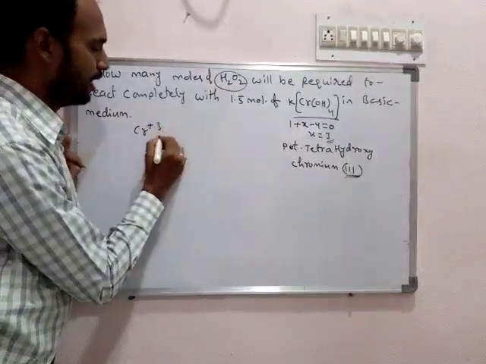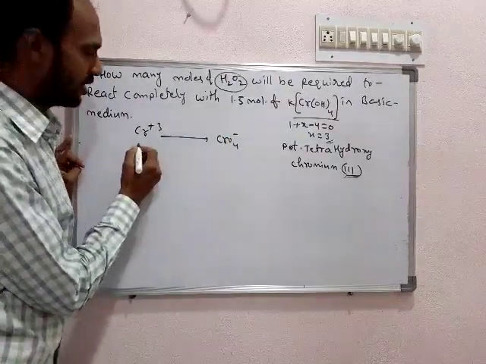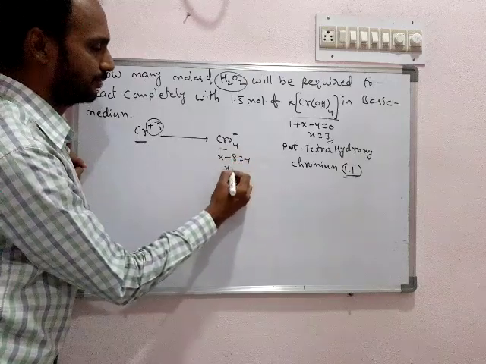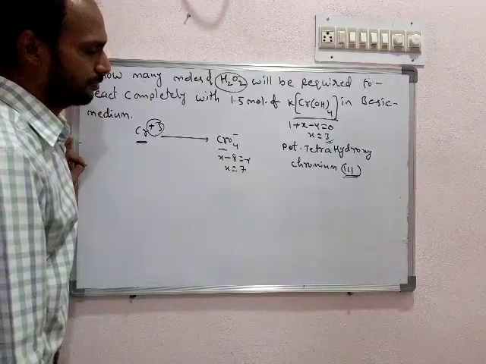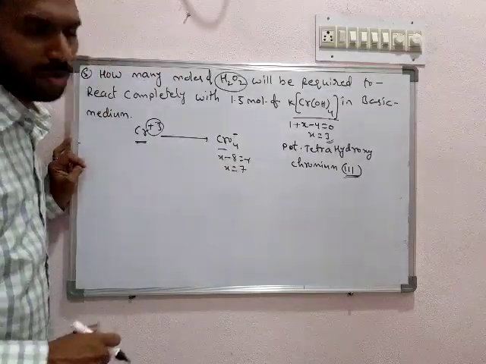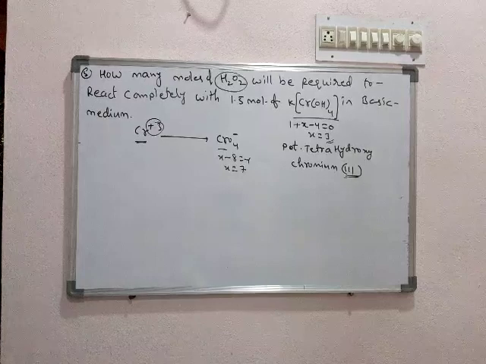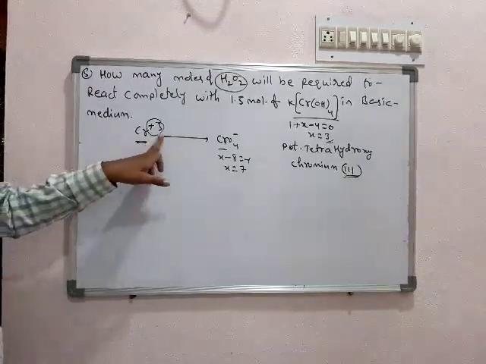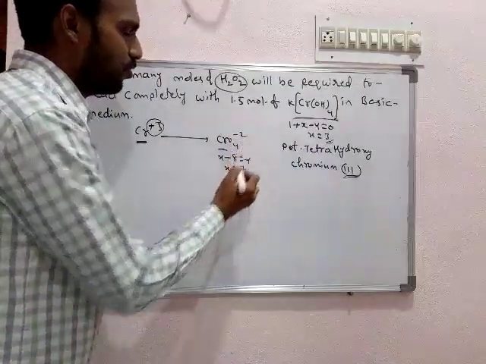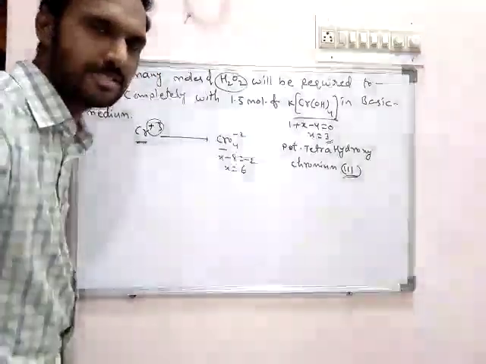Here Cr plus 3 changes to chromate ion, CrO4 2-, where chromium is plus 6, because chromium cannot exist as plus 7.